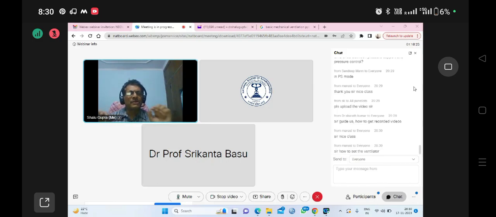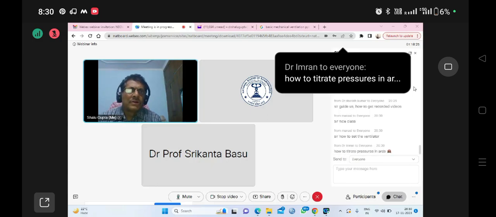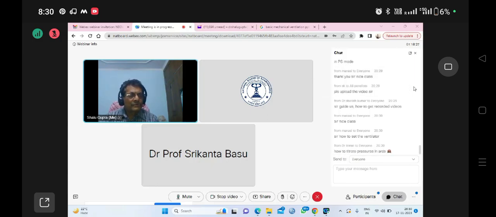So a particular number to say what pressure support we should use is difficult to say, but yes, people have used pressure support with SIMV according to the size of the endotracheal tube they use, which can be somewhere around say 10 to 12 to start with, and then you can titrate it.